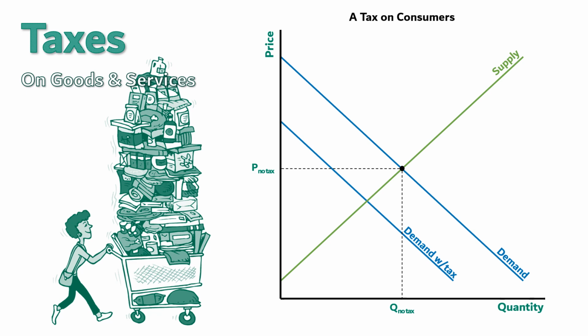But just like before, the vertical movement in demand will be equal to the amount of the tax. Everyone is willing to pay exactly $1 less than before, and so demand falls by exactly that amount. That means the retail price of this product is going to fall.